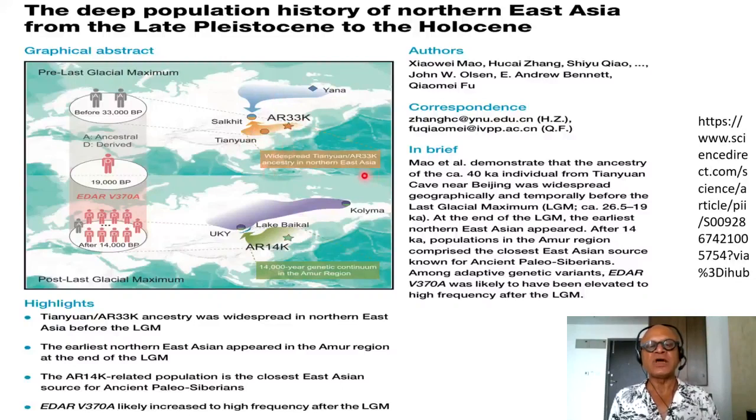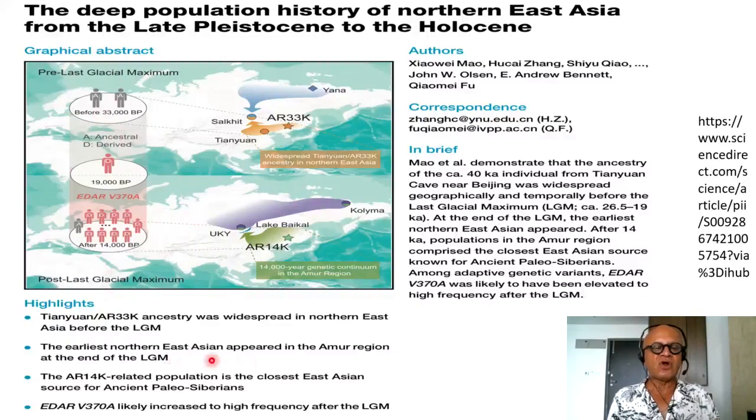Widespread Tianyuan ancestry in Northeast Asia, easily inferred from genetics and haplogroups that we talked about before. By 14,000 years, the genetic continuum in the Amur region had a mix of various populations as well. So the highlights of this paper are that Tianyuan AR33K ancestry was widespread in northern East Asia before the last glacial maximum, so before 21,000 years ago, by 33,000 years BP by this evidence collected here.